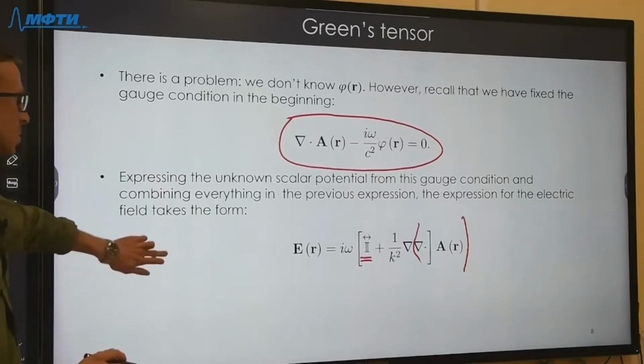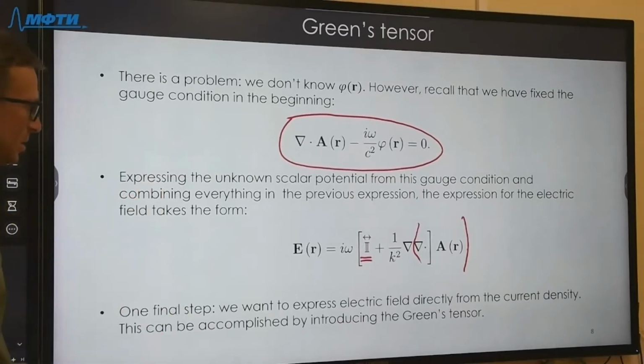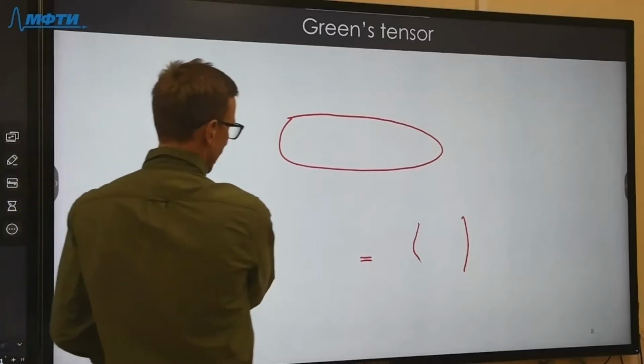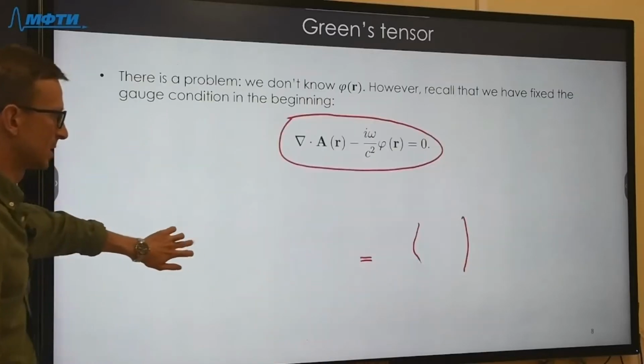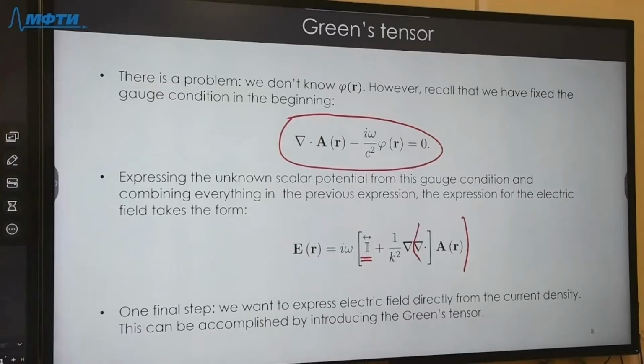And then also correspondingly, we can calculate the magnetic field as a rotor of the vector potential. So this, in principle, gives us the complete answer. Now we know the scalar Green's tensor. We know how the electric field is related to the vector potential. So we have solved the problem.